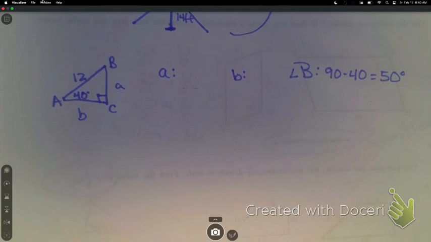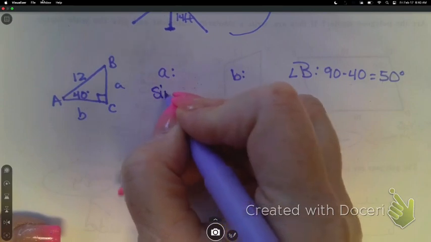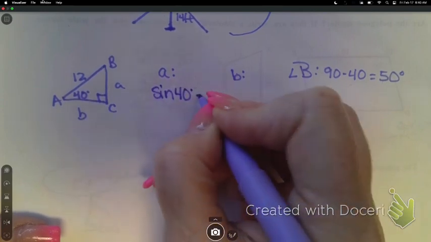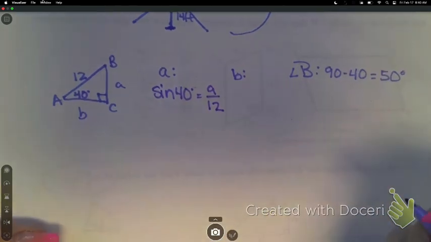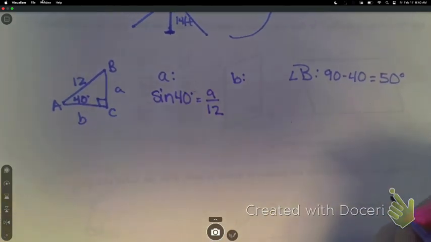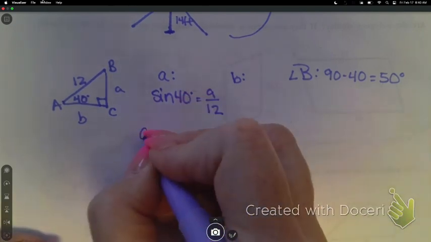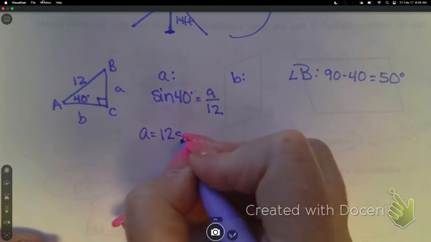Sine, cosine, tangent. 12 is the hypotenuse, yes? A is what to 40? Opposite. So what function? Sine of 40 equals A over 12. So how would I solve that for A? Times 12. So A equals 12 sine of 40.